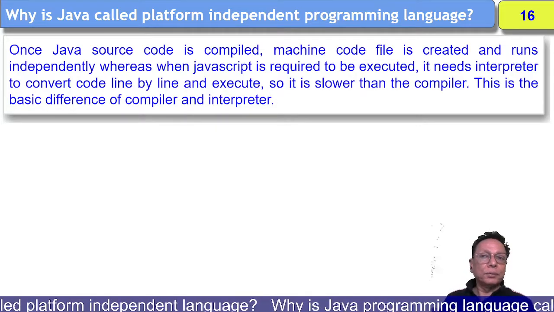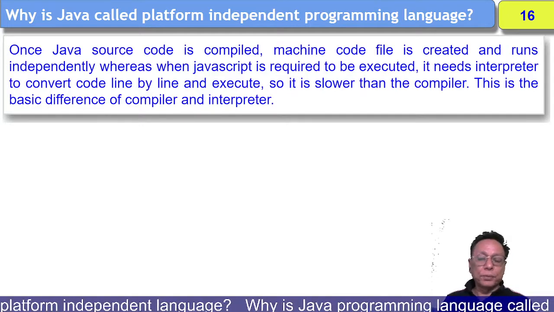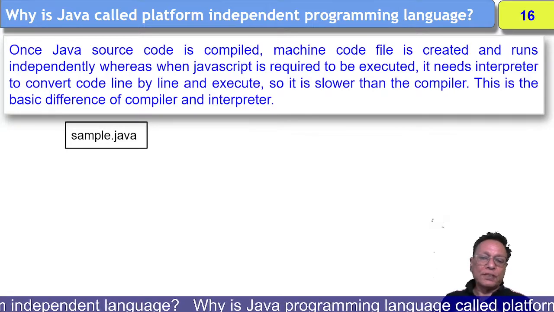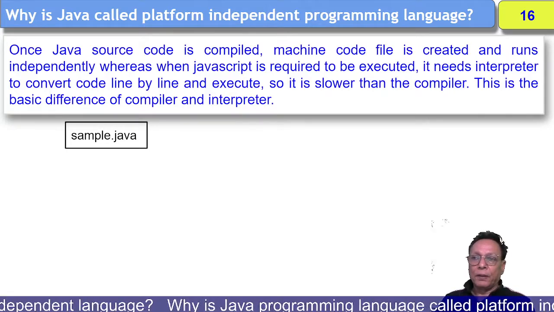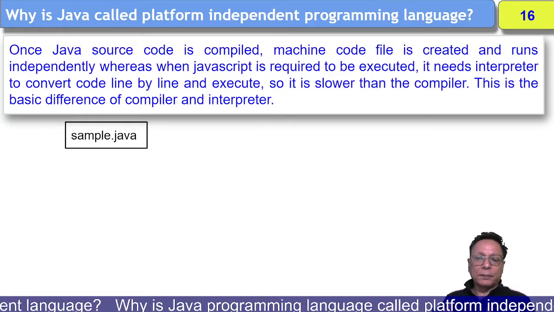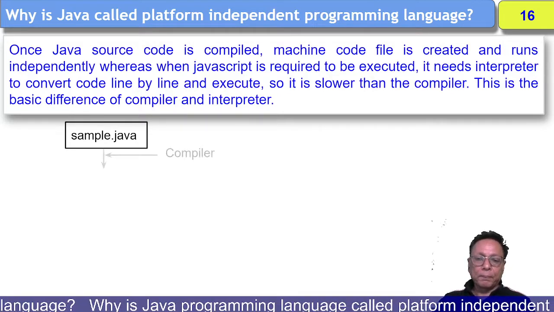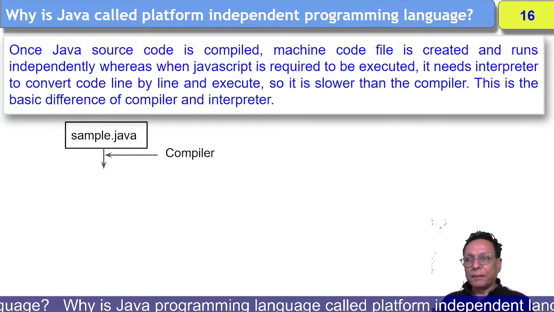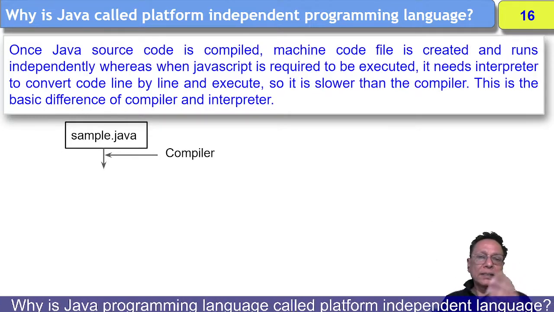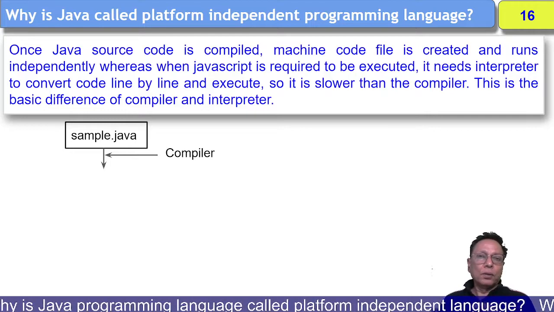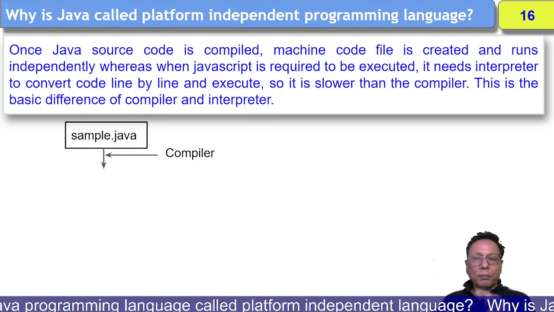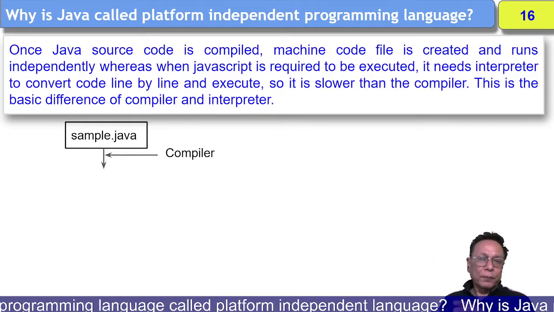Then what does it do? This is very important to know. When you create a program, for example sample.java, once the program is created, you are required to compile it. So the compiler is needed. What does the compiler do? It translates the code to get the error-free machine native code.